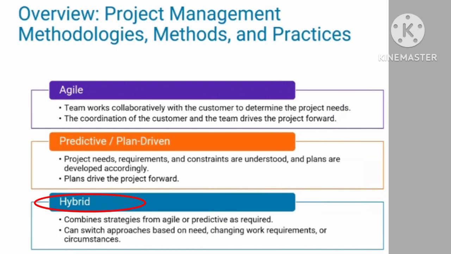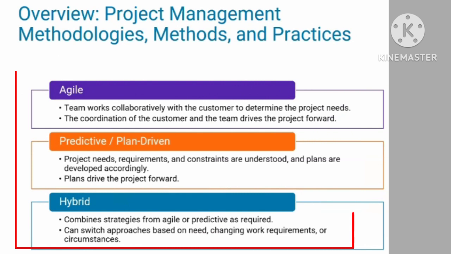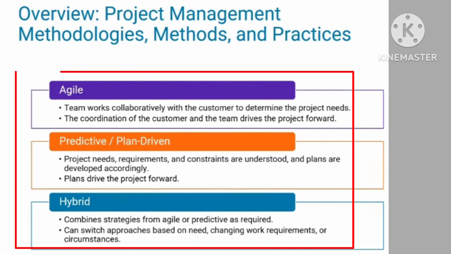When we are discussing these methods like agile, predictive and hybrid, maybe some of you consider that these methods come from software and are applicable for software projects only. But please note, obviously the agile approach comes from software, but it is not only applicable for software projects or mobile applications only.